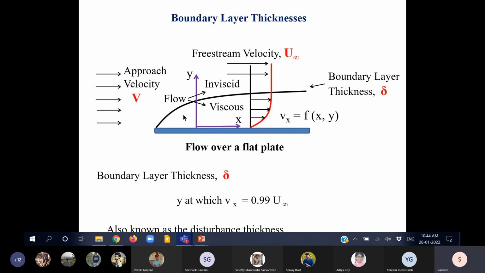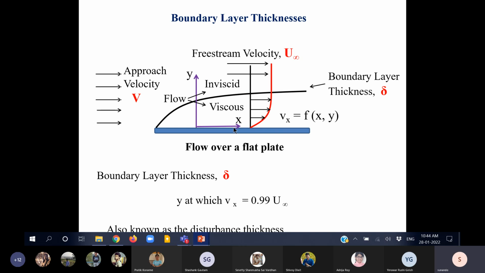So if I think about the flow rate through this and the flow rate through this, obviously the flow rate through the second location, second plane is going to be more than that of 1, and this can only happen if we have some non-zero Vy in here.